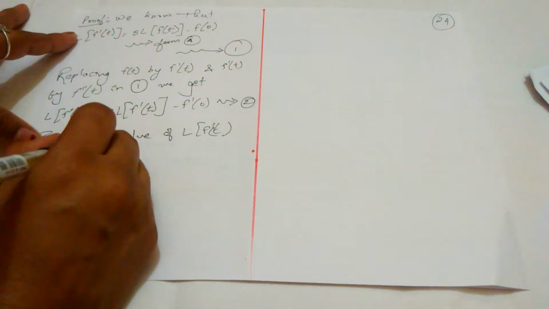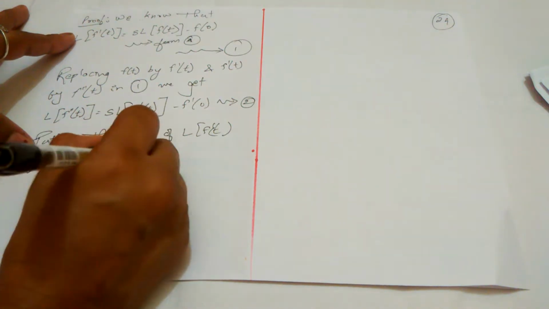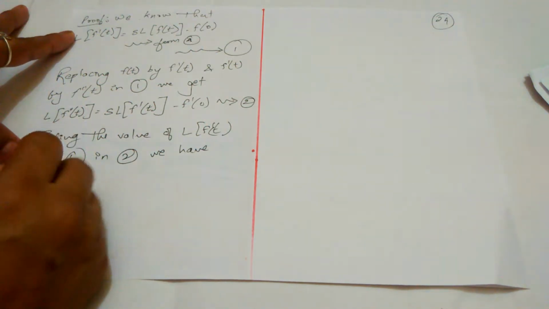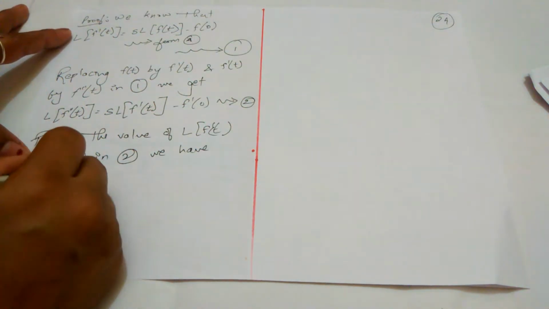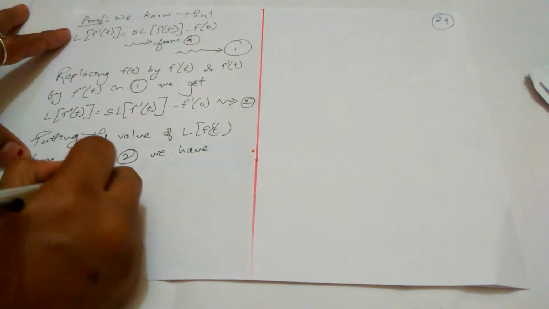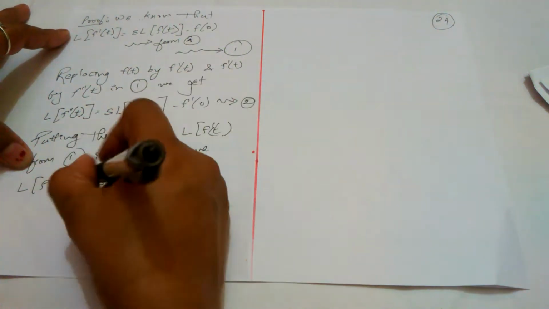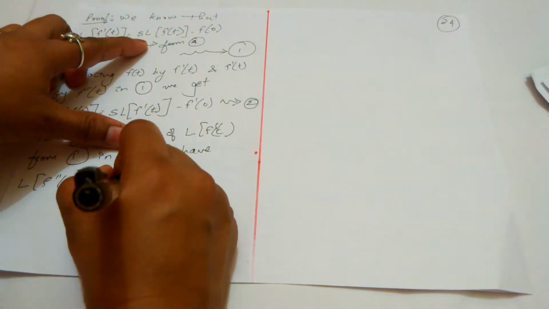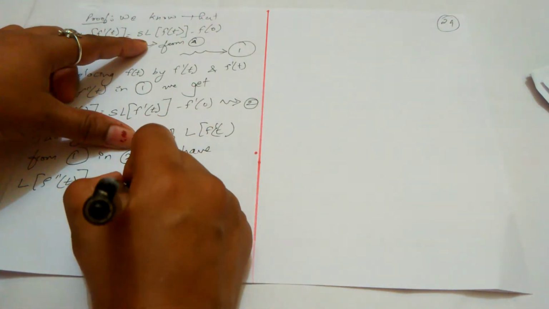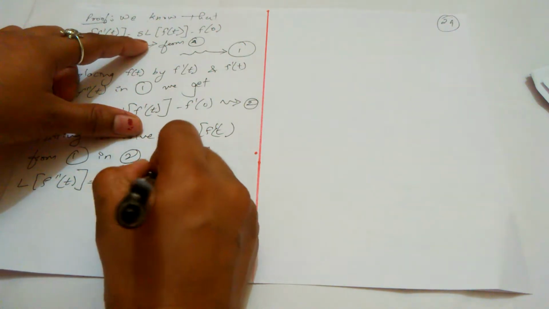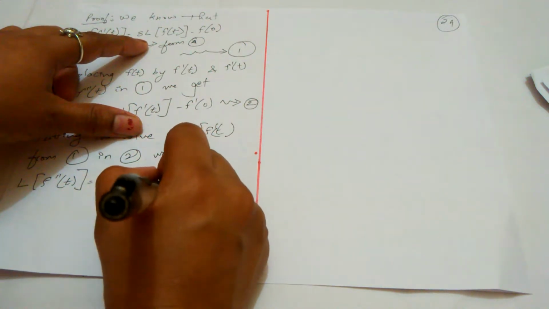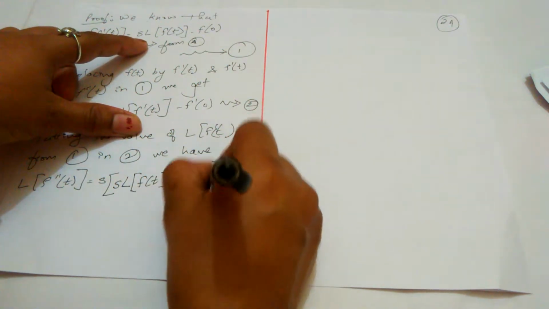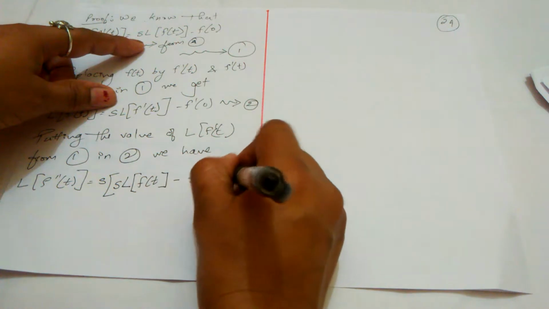In 2, we get L of f double dash of t is equal to s times (s L of f of t minus f of 0) minus f dash of 0.